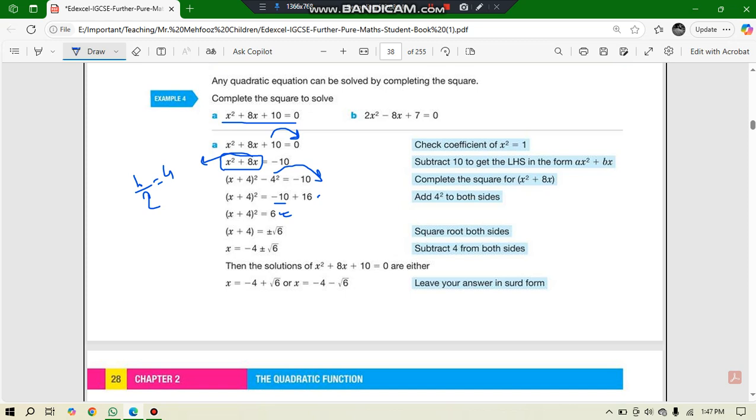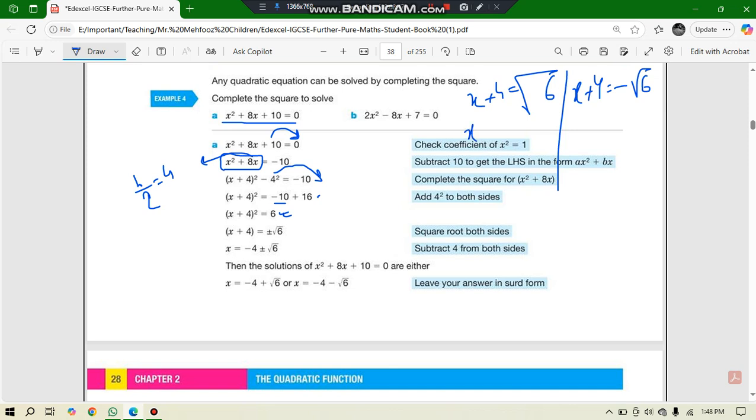Okay, next we take the square root on both sides to cancel this square. So here we have x plus 4 is equal to plus minus square root of 6. So we have to take two different equations: x plus 4 is equal to positive square root of 6, and the second equation is x plus 4 is equal to minus square root of 6. So x is equal to minus 4 plus minus square root of 6.